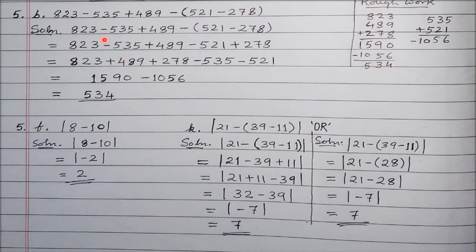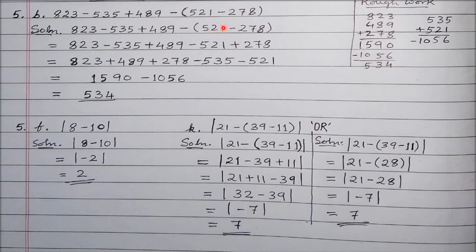So first we wrote whatever numerical expressions were there in the question. Then these are brought down as they are. Then this minus sign which was outside the bracket will multiply with the signs of the integers inside the bracket. So here we get plus into minus, minus, and here minus into minus, plus.